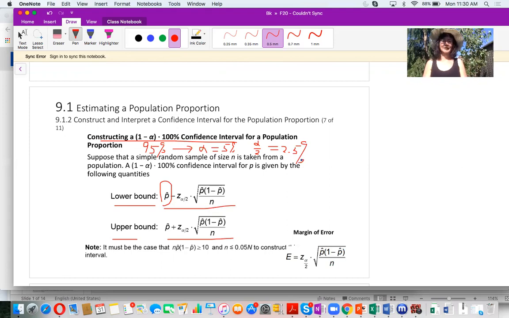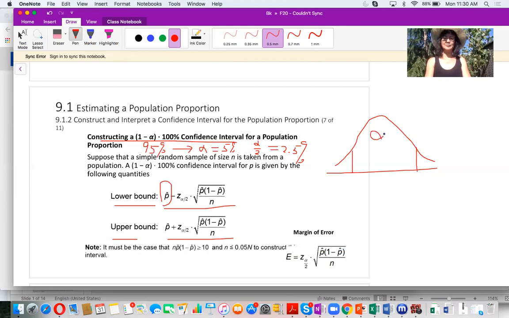Okay. And in a normal distribution, bell-shaped, symmetric, what does the 95% mean? It means the central area is 95%, and where is the 2.5%?